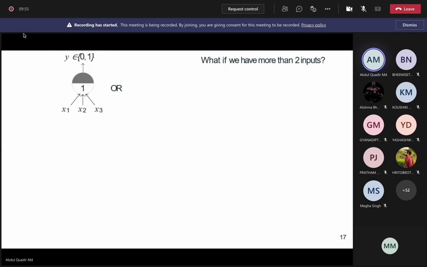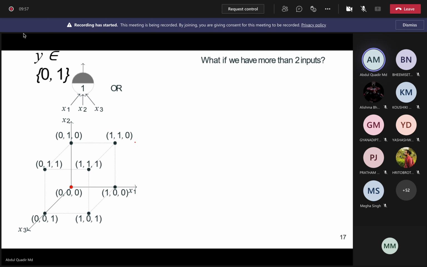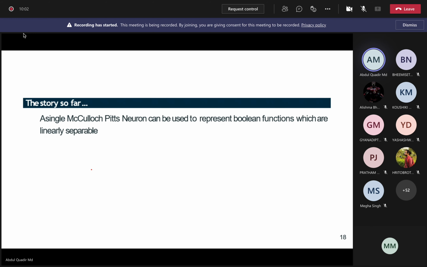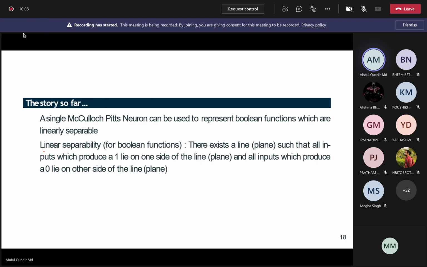We also saw some disadvantages, and we concluded that in MP neurons, for linearly separable Boolean functions, there exists a plane such that all inputs which produce a 1 are on one side of the plane, and all inputs which produce 0 are on the other side. This is what we saw.